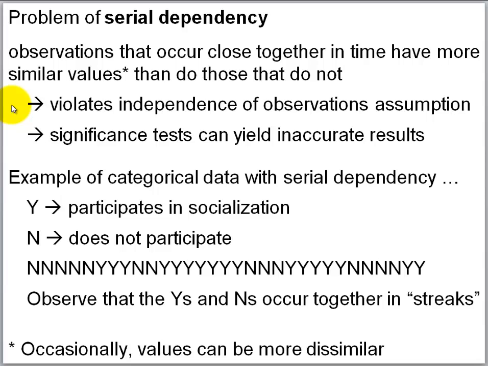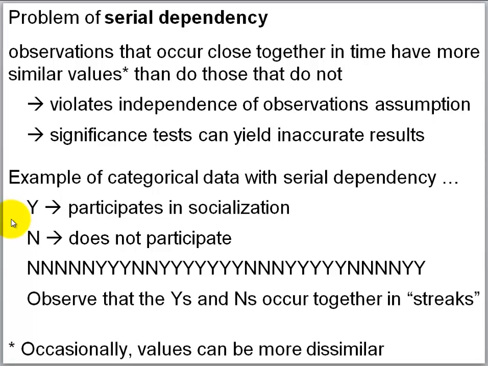In essence, observations that occur close together tend to be more similar than those that occur farther apart in time. And in a situation like this, the standard straightforward statistical significance tests that are presented in this text can yield inaccurate results. So here's an example of a string of data where we've got serial dependency.